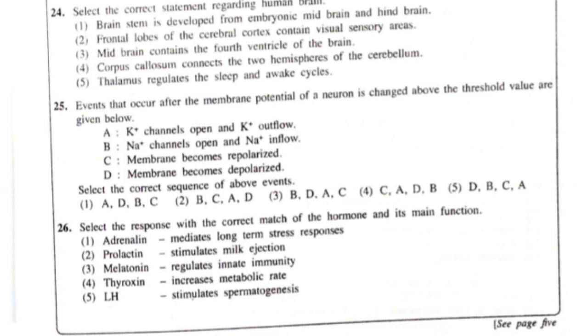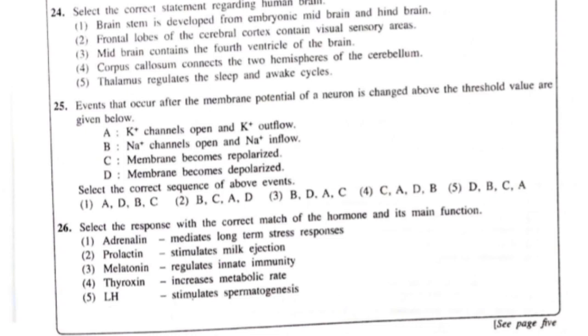Then question number 26, select the response with the correct match of the hormone and its main function. Adrenaline, that answer is wrong because adrenaline mediates short-term stress responses. And the second statement is also wrong because prolactin stimulates milk production, not milk ejection.